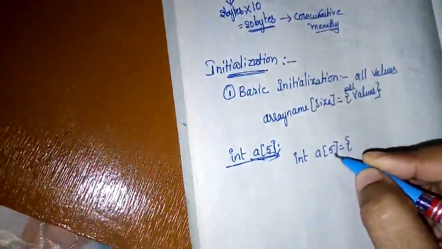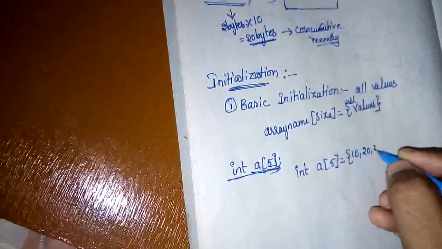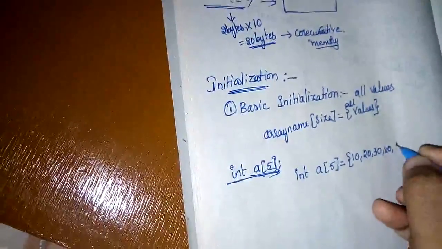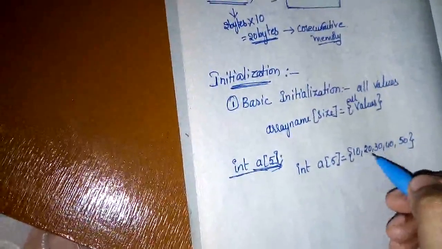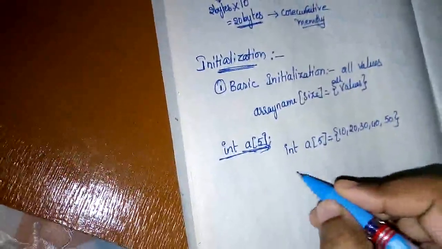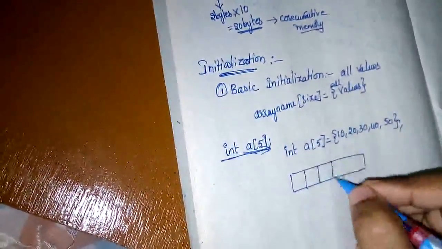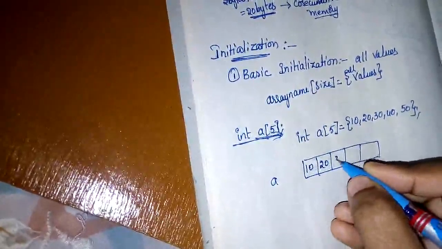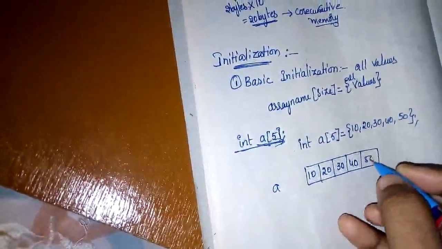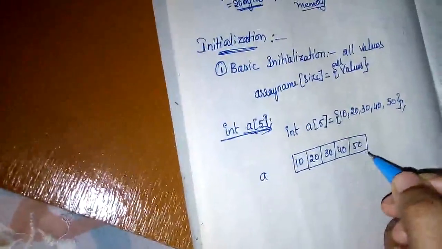Say you are going to store 5 values: 10, 20, 30, 40 and 50. As soon as you write this statement, the 5 memory locations allocated for array a will be filled with the corresponding elements. In whichever order you place the elements here, in the same order they are stored in the array.